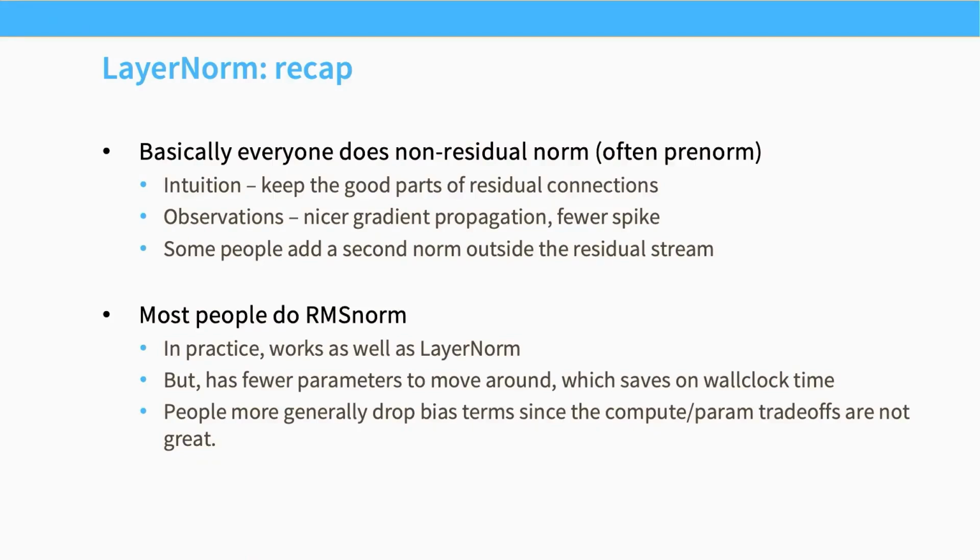And we roughly have a sense of how to use layer norm to control things like gradient spikes and keep signal propagation nice. Related to that, we also now basically always use RMS norm, and you hopefully understand the general principles here of basically just dropping bias terms. And that allows us to keep our system more arithmetically intense while keeping the expressive power the same.